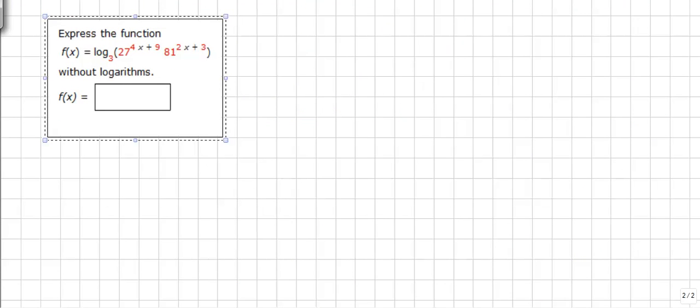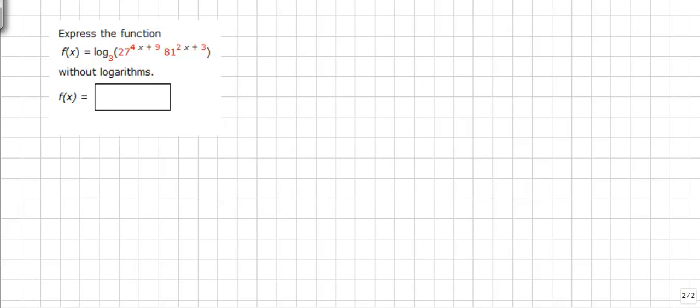Certainly not to confuse anyone, but an alternate approach would be to use the companion rules of logarithms. So if I were to use my rules of logarithms, what I would see instead here is that the log of a product is the sum of the logarithms.